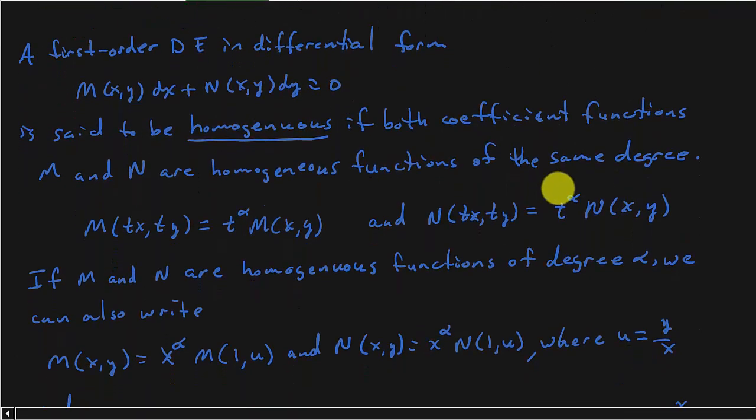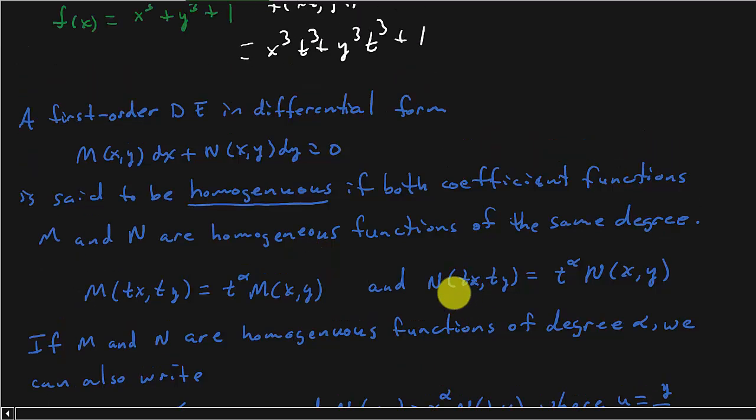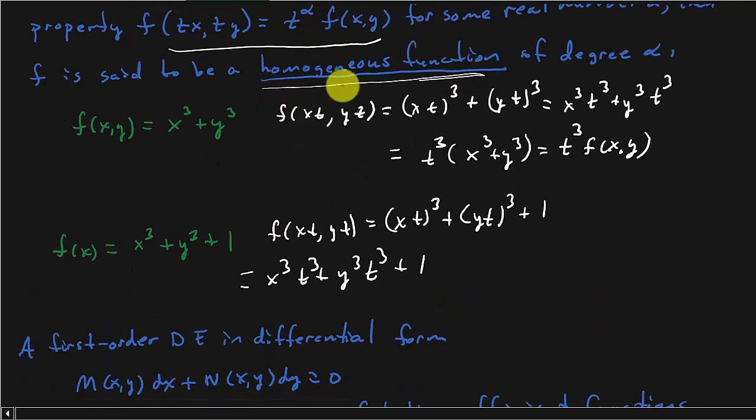A first order differential equation in differential form, M of x, y dx plus N of x, y dy equals 0, is said to be homogeneous if both coefficient functions M and N are homogeneous functions of the same degree. We just showed how to determine if it's a homogeneous function.